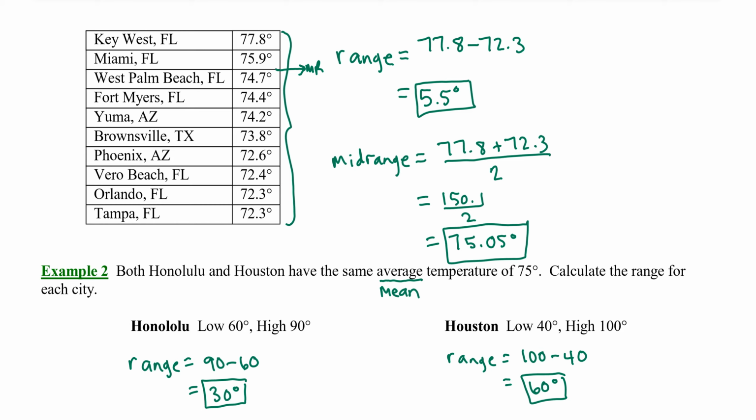So range is a measure of dispersion calculated as difference between highest and lowest, whereas the mid-range is a measure of central tendency, which is the average of the highest and lowest, or the very center point between the lowest and highest of your data set. Quite simple.